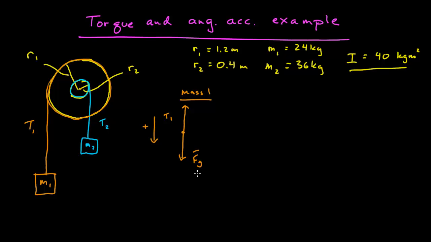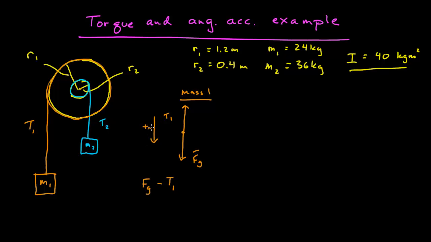So that means that the component of the gravitational force in this direction is the positive magnitude of the force, minus the magnitude of tension 1, because it's going to be in the opposite direction.